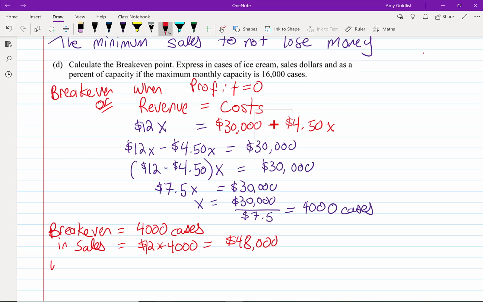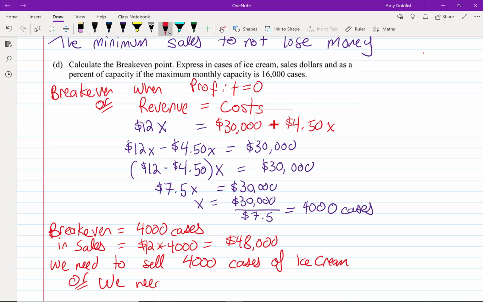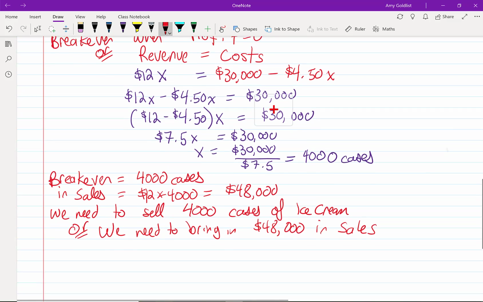So we need to sell 4,000 cases of ice cream, or we need to bring in $48,000 worth in sales. And at that point, our costs are also going to be $48,000.